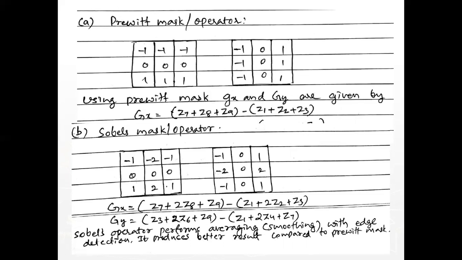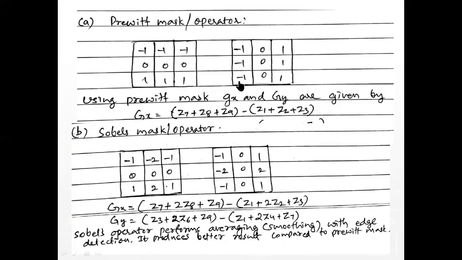Similarly, the gradient along the y direction can be written as the difference of the third column and the first column. So the gradient along the y direction is Z3 plus Z6 plus Z9 minus Z1 plus Z4 plus Z7.